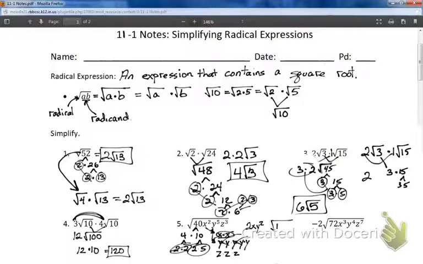Again, not forgetting that you got that square root of 10 over here. 2 y's came out, but there was this extra y here that did not have a pair, so it stays on the inside. And then same with the z's. Here's a pair of z's, so a z comes out, and this extra z in here stays in. So 2x y squared z, and then the square root of 10yz is simplifying that radical.